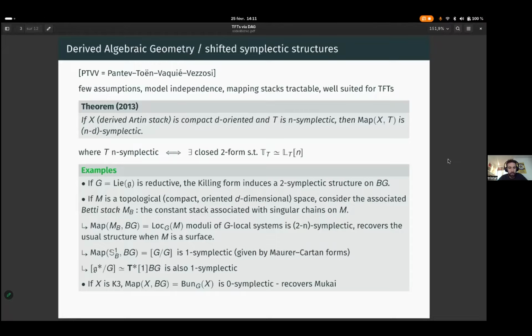Right away, here is a very basic but nice example. It has a lot to do with Lie theory, Lie groups. For instance, the Killing form on a reductive Lie group induces a two-shifted symplectic structure on BG.